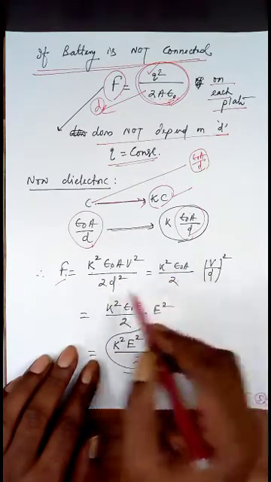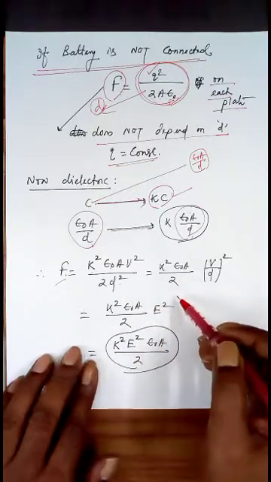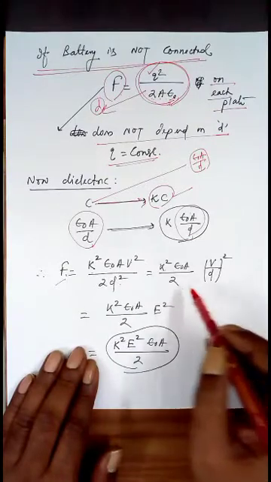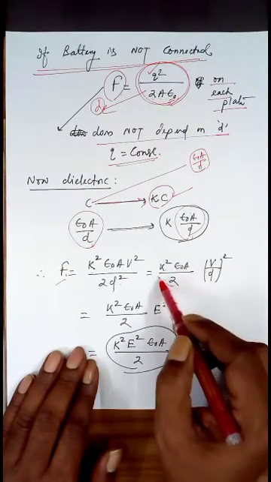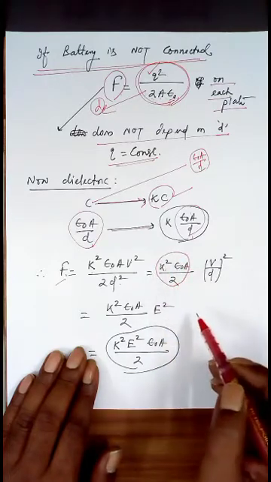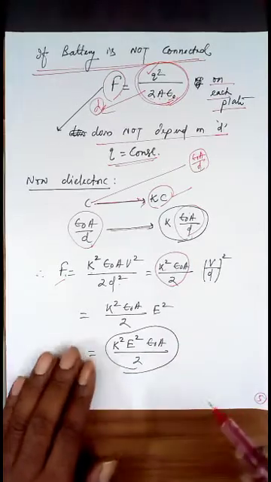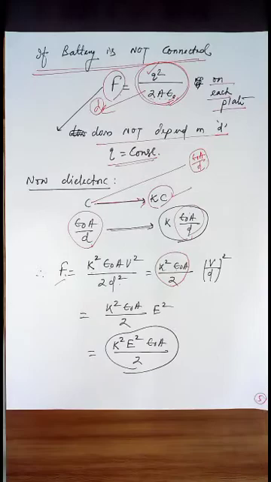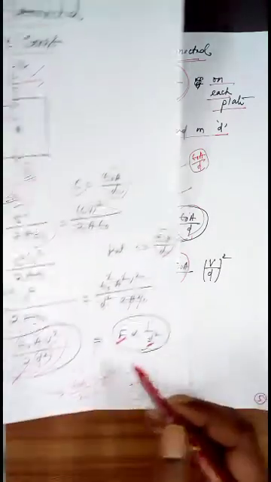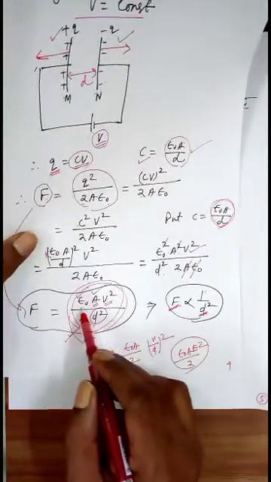So that is equal to K square epsilon naught A over 2, and a new term K will be introduced here.